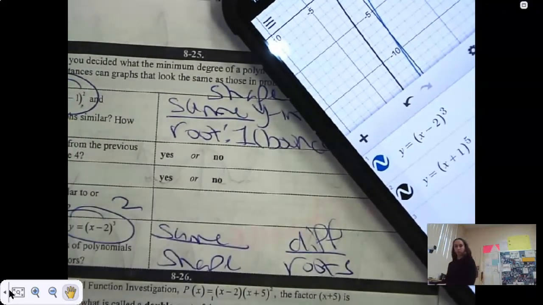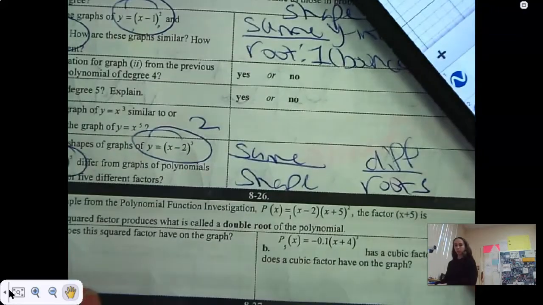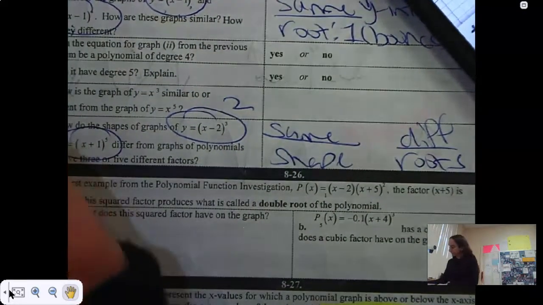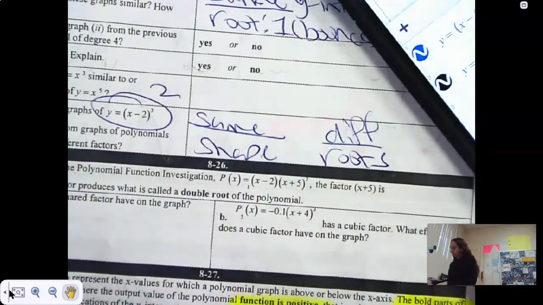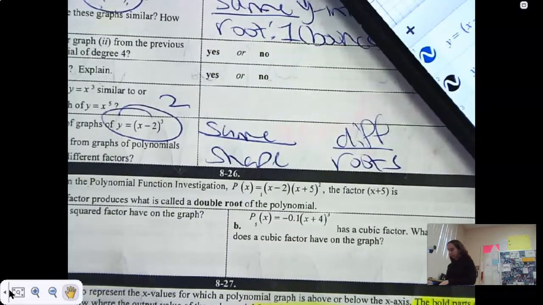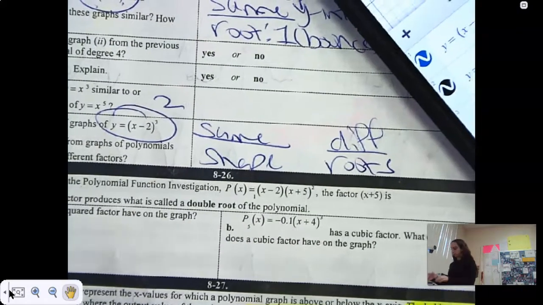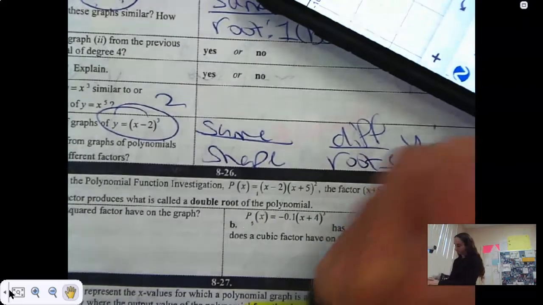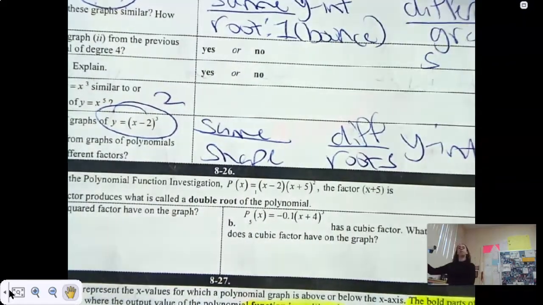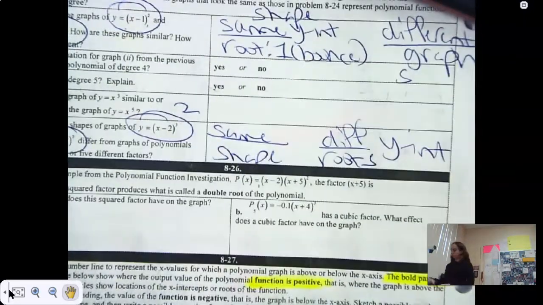Okay, but then what's different are the roots. Here the root is 2. Here the root is -1. Okay, and I think the y-intercepts are different. Okay, so just comparing things, that's another good way to do these types of problems.